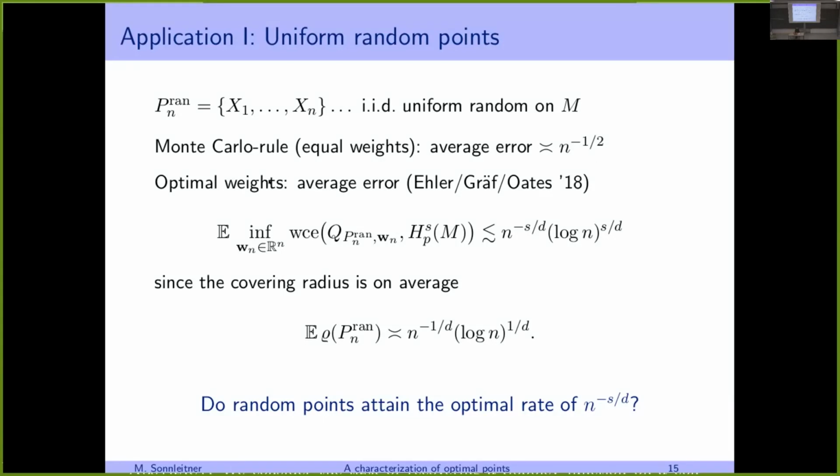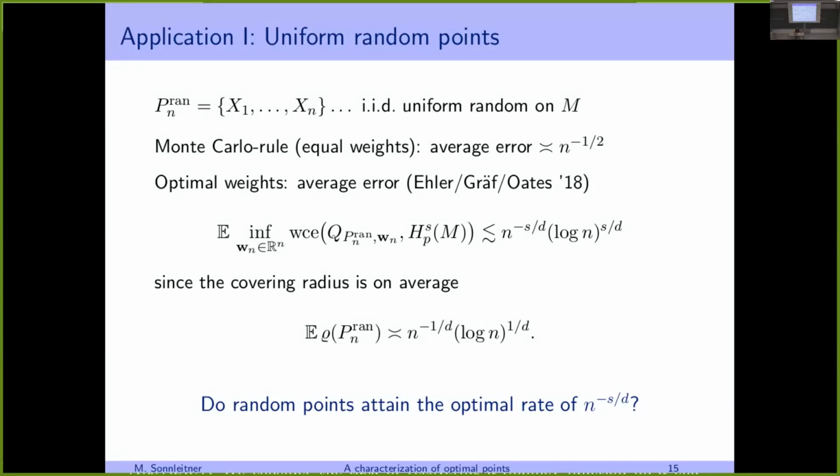And now the question is if we optimize over the weights. So if we look at the quality of this random point set, then on average, one can show that this is bounded by n^{-s/d} times this logarithmic term, using the result by Ehler, Gräf and Oates I showed you before, and that the covering radius is of size n^{-1/d} times this logarithm to the 1/d.